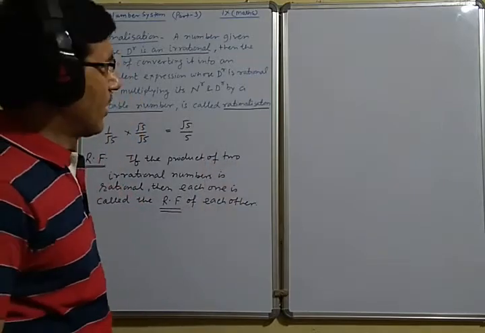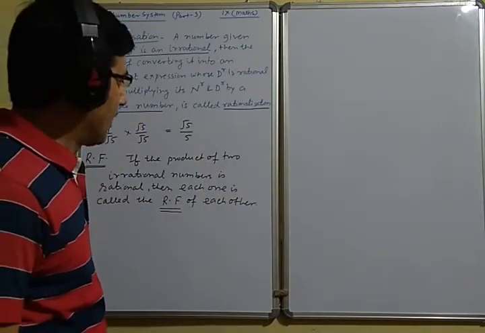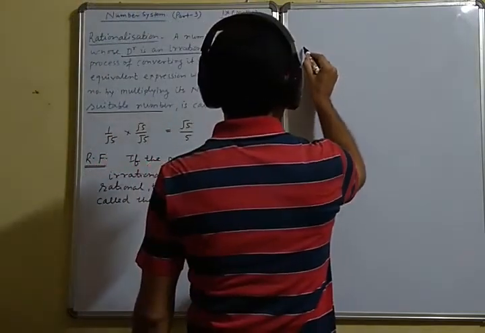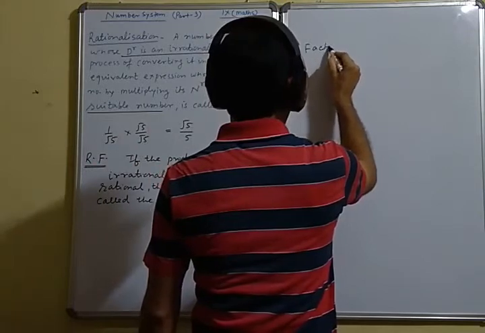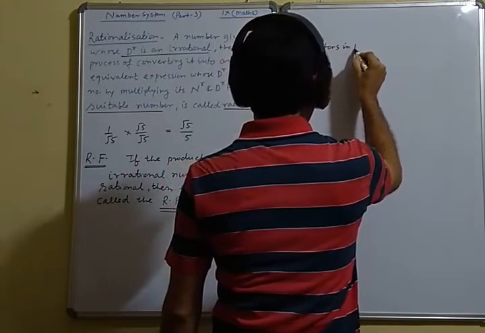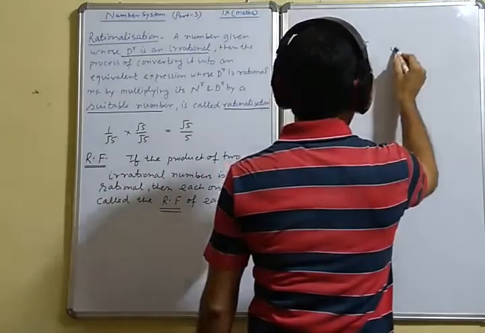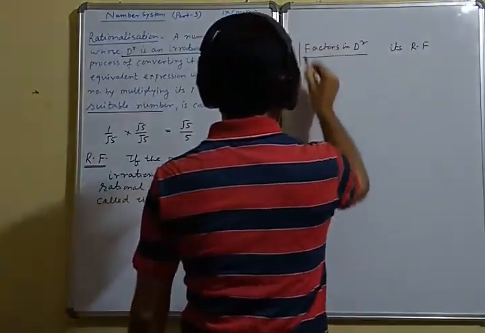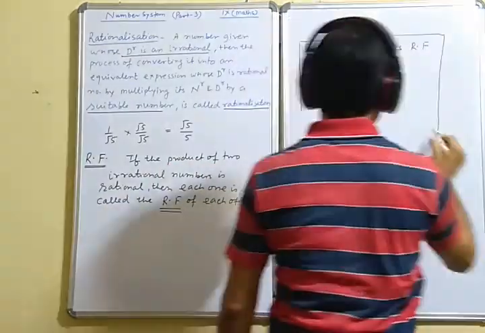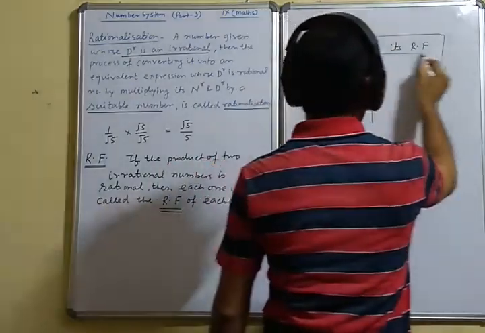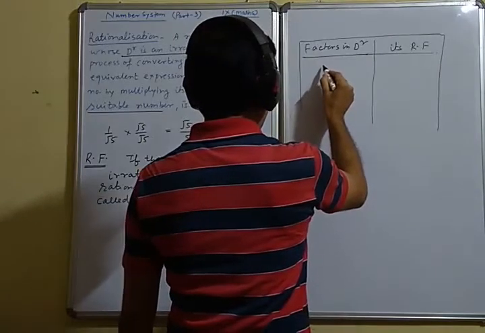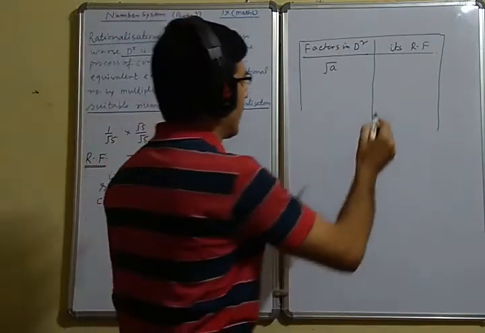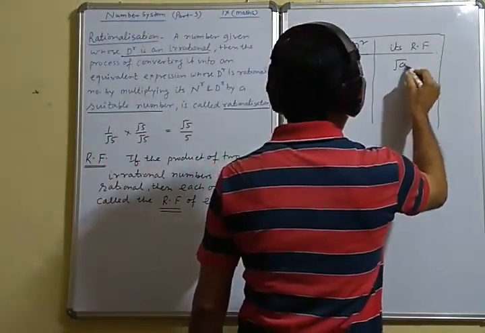Now here we have a table. With the help of this we can find rationalizing factors. If the factor in the denominator is of type under root a, its rationalizing factor is under root a.